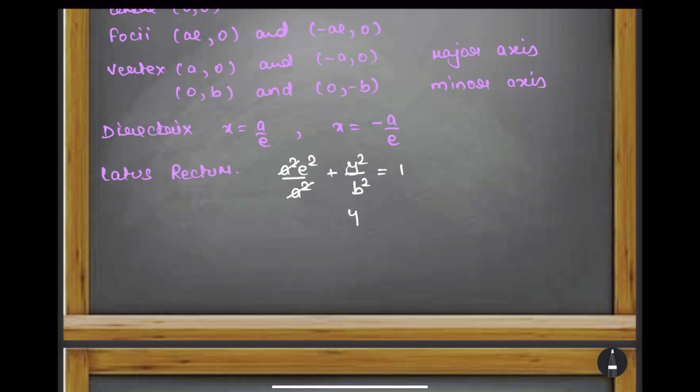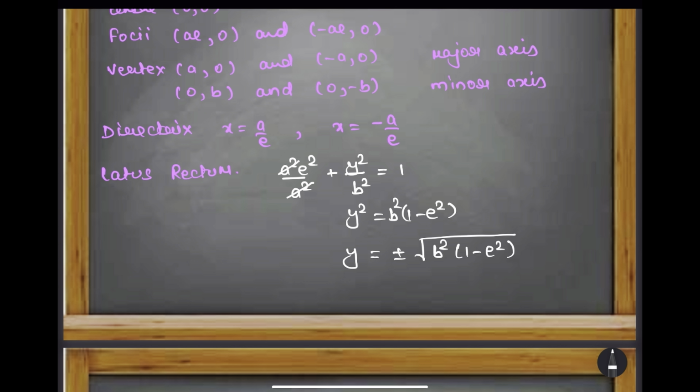Now can I write y square equals 1 minus e square into b square? Can I say that y will be equal to plus or minus root of b square into 1 minus e square.